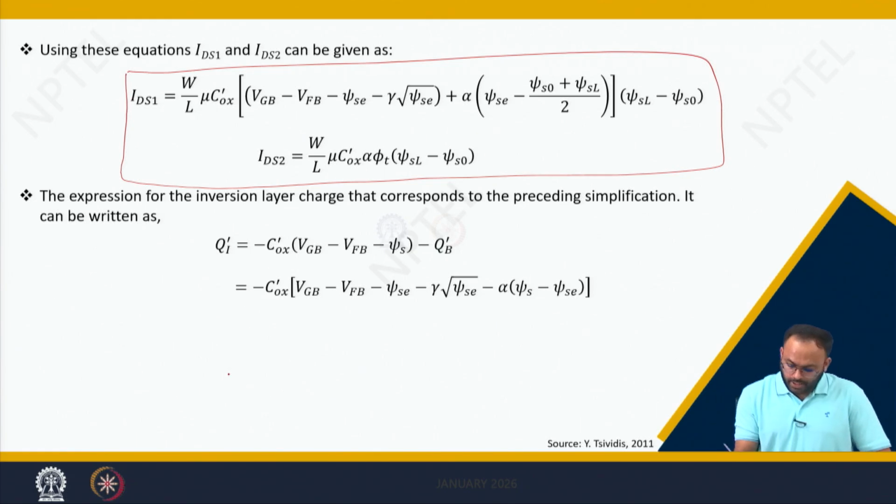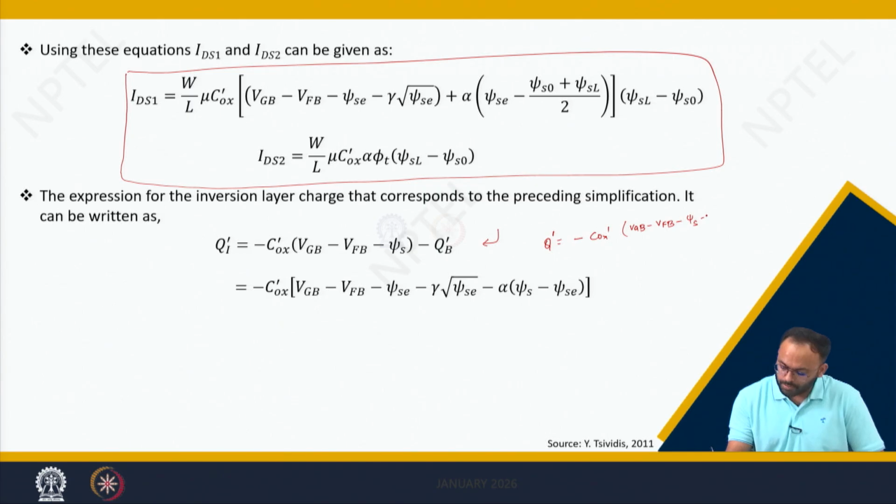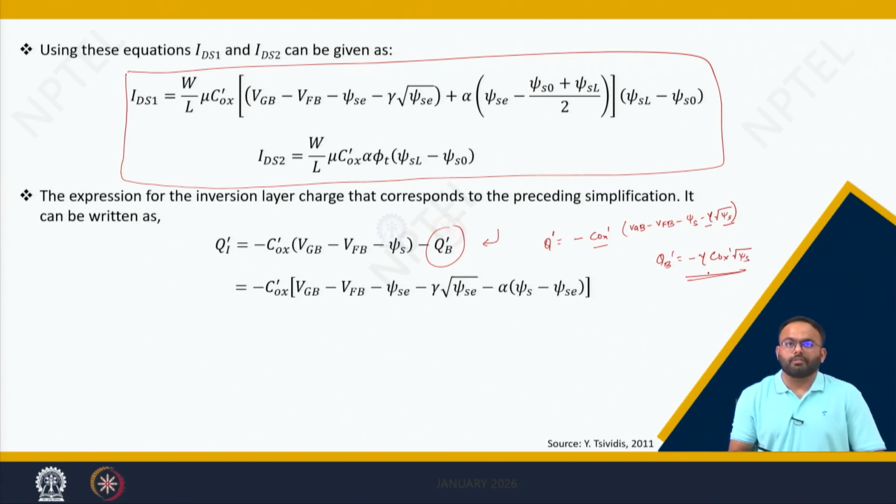Now we can rewrite the equation of inversion charge as well. Earlier we were writing the inversion charge as minus Cox dash Vgb minus V flat band voltage minus psi s minus gamma root psi s, where Cox into gamma into root psi s is nothing but Qb dash. So instead of writing Qb dash as minus gamma Cox dash into root psi s, we will replace this by our expansion.